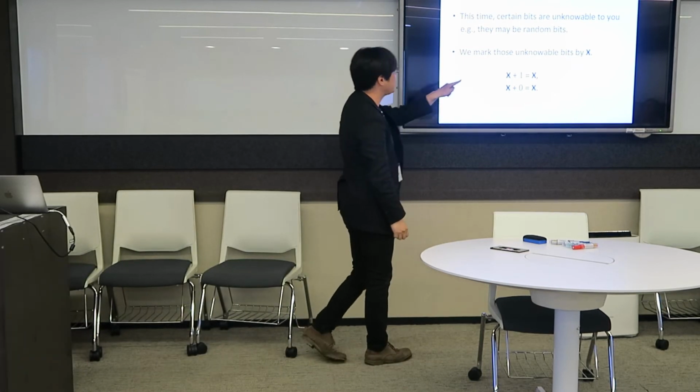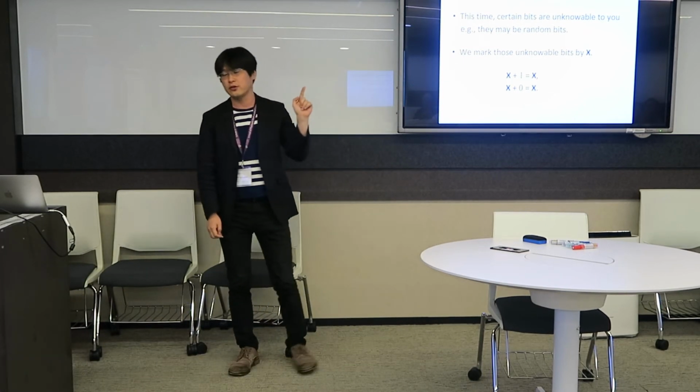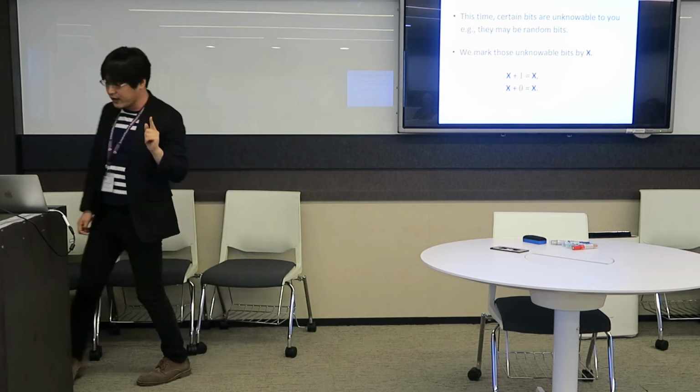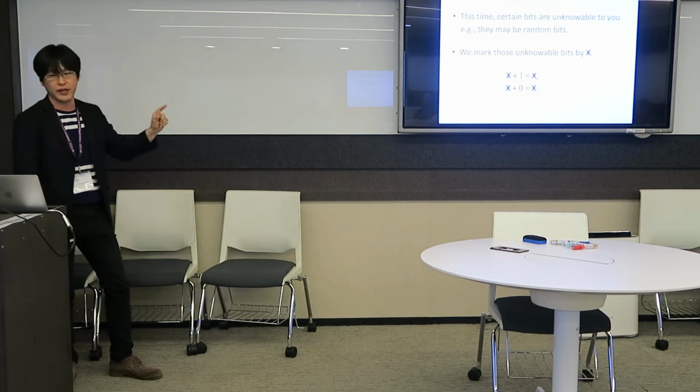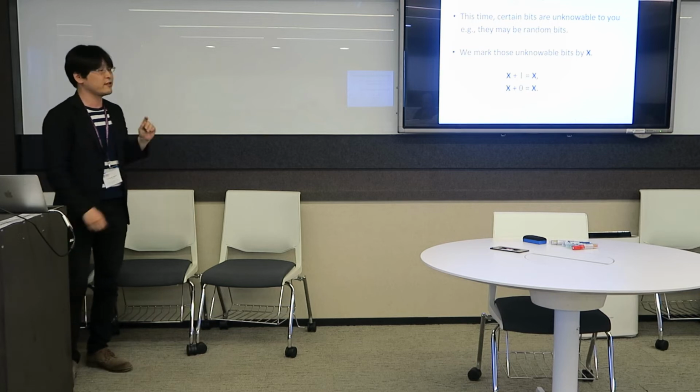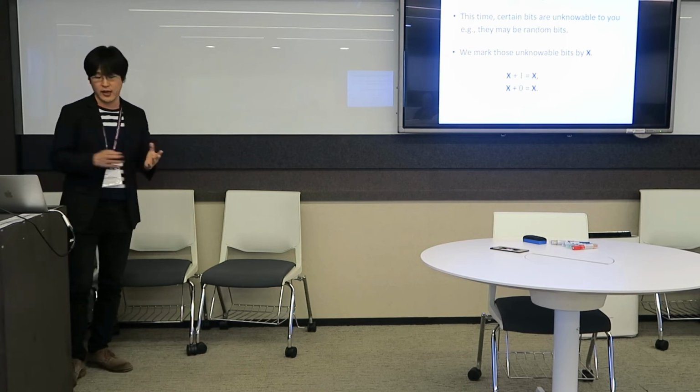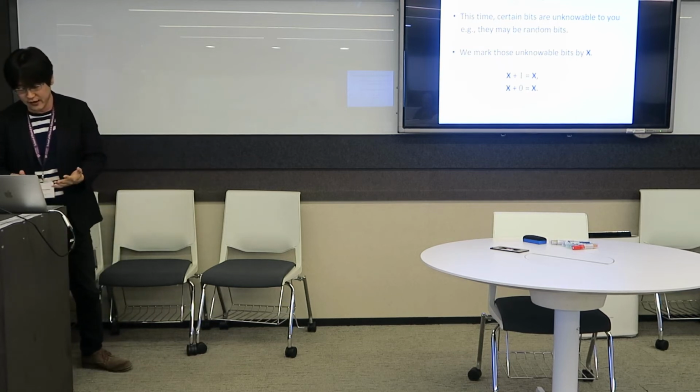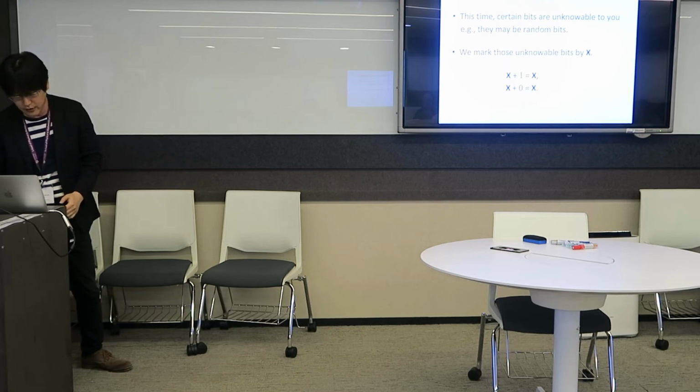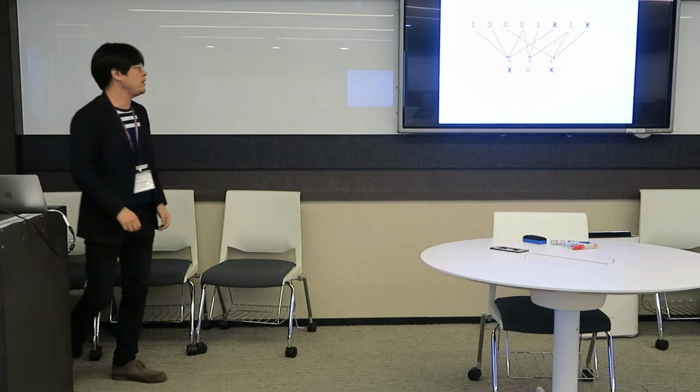You can only reliably tell that X times 0 equals 0, but X times 1 equals X, and X plus 1 or X plus 0, again, we don't know anything about it.